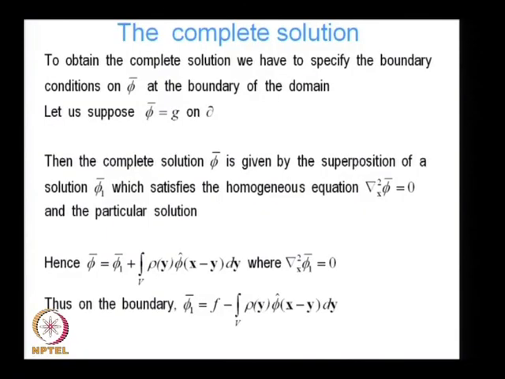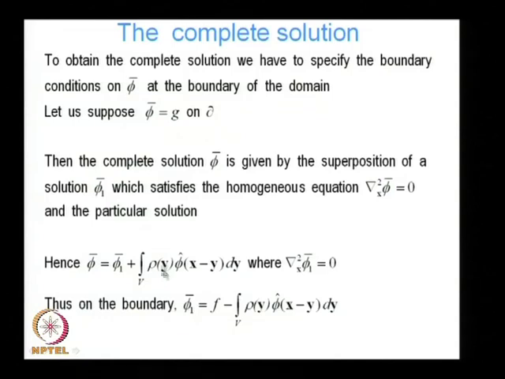Then we looked at Poisson's equation, where the elliptic operator is equal to a non-zero value. We said that if we know the fundamental solution to Laplace's equation, we can also construct a solution for Poisson's equation using that fundamental solution phi hat and the value on the right hand side of Poisson's equation, which is rho.